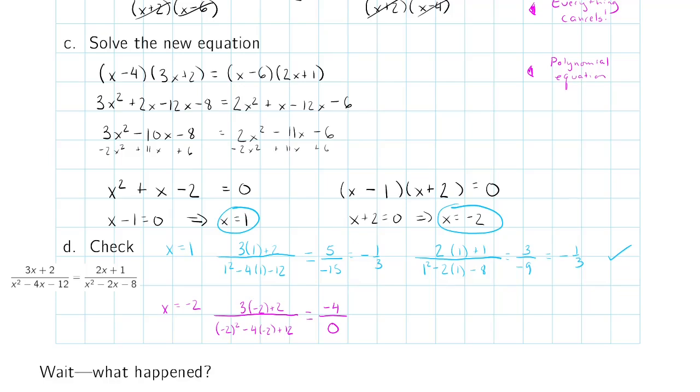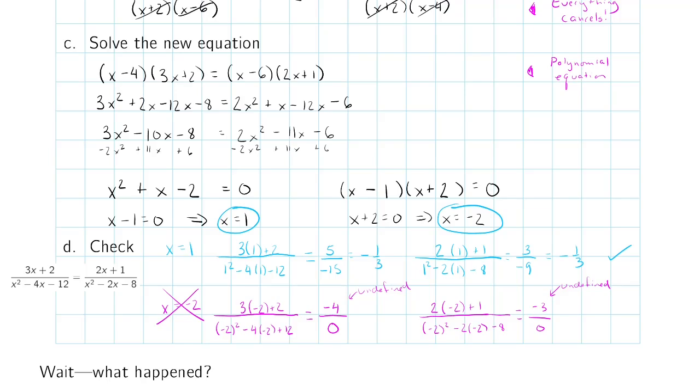What happens on the right? 2 times negative 2 plus 1 over negative 2 squared minus 2 times negative 2 minus 8 is negative 3 over 0. These are both undefined. Negative 2 can't be a solution to the equation, because when I plug in negative 2, I get just nonsense. Only x equals 1 is a solution to my original equation.